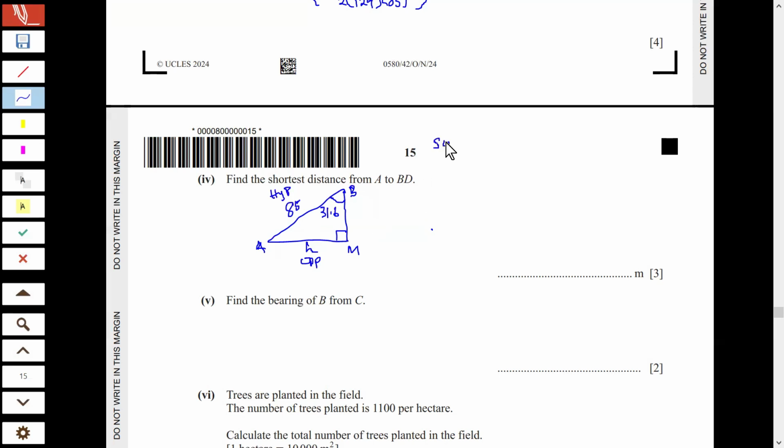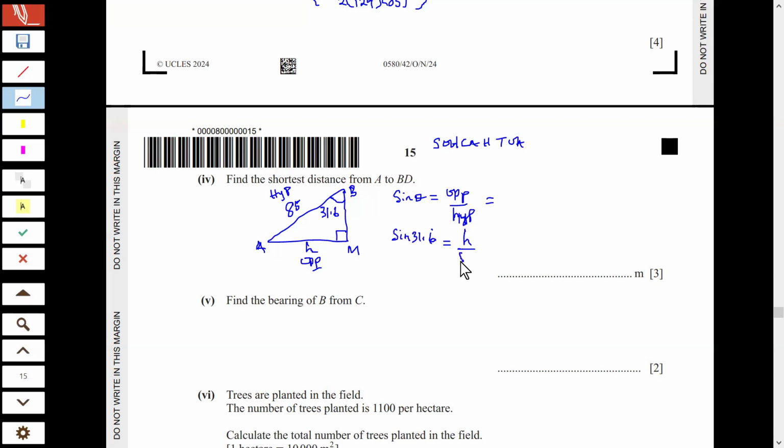So applying SOHCAHTOA, here opposite is what we're looking for, and hypotenuse is given, and the angle is given. So we can apply sine theta is equal to opposite over hypotenuse. So sine 31.6 is equal to opposite, which is the height, over hypotenuse.